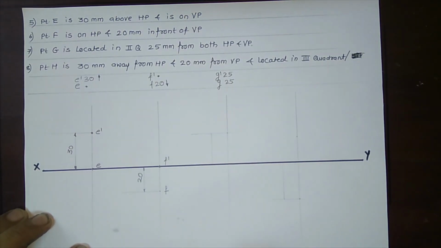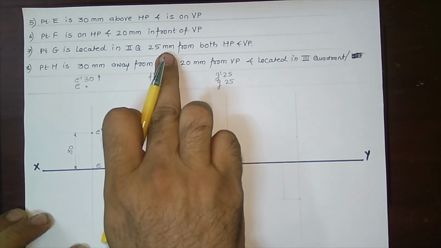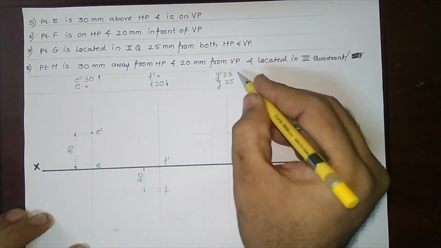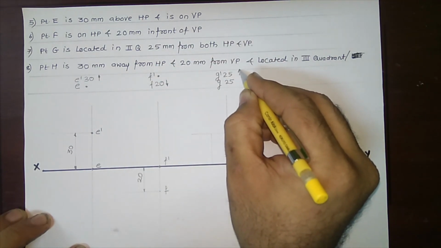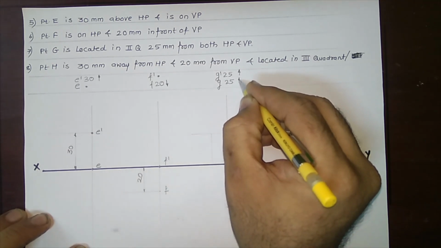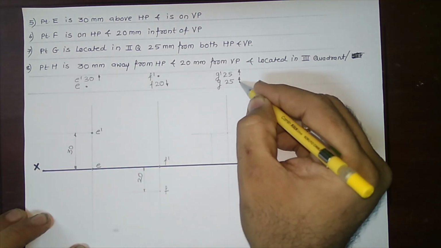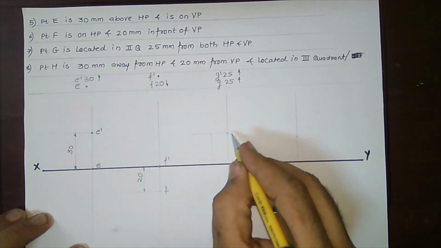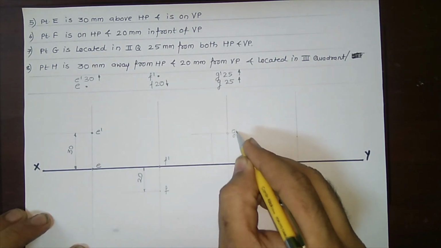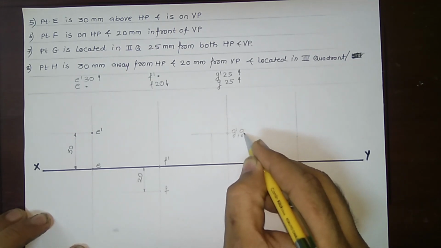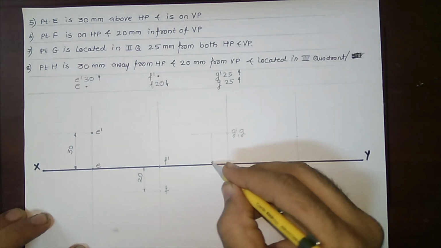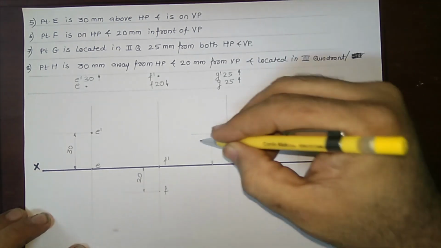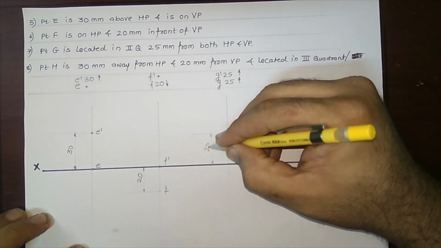Now, second quadrant: the point is above HP and behind VP, and you will find that the 2 points are going to overlap. So you can write the same point as G dash and G. This particular distance, we will mention it as 25.